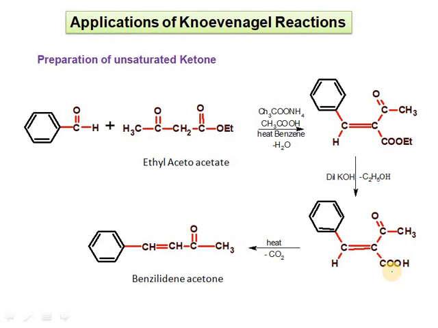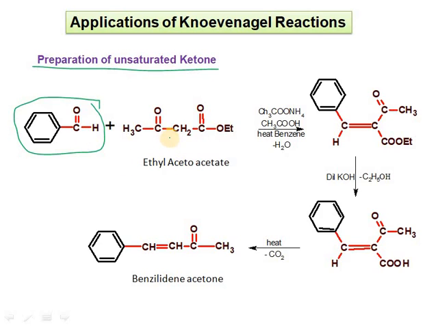Now we have seen the mechanism, let us look at the applications of the Knoevenagel reaction, right? The first application we see here is the preparation of unsaturated ketones. It is very important. The aldehyde we have taken here has no alpha hydrogen atoms, right?